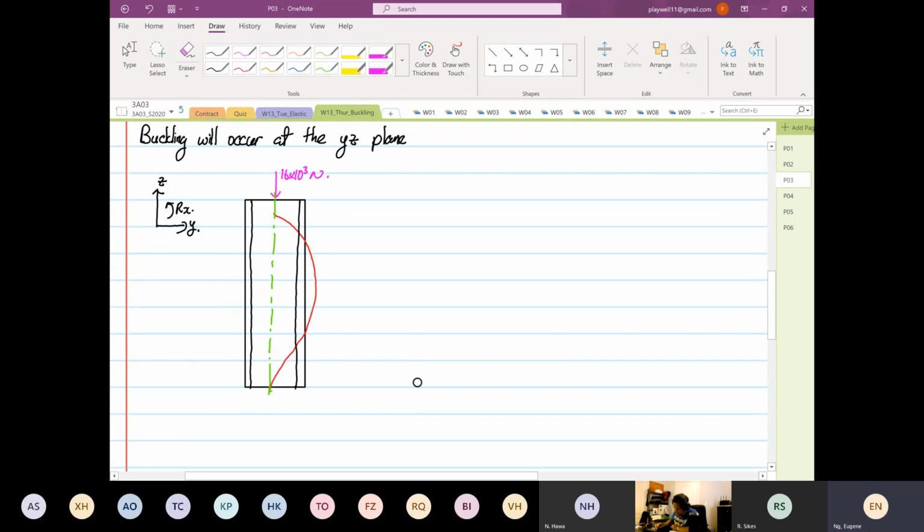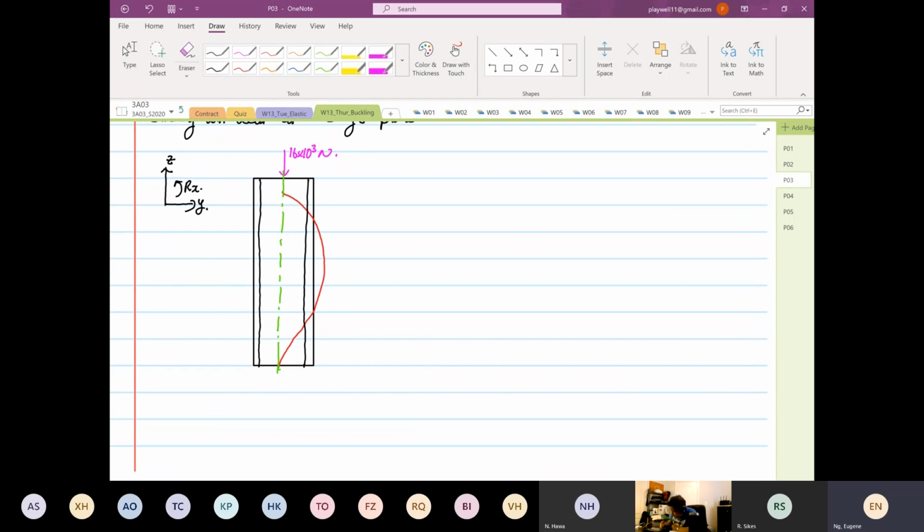So the bending curvature is about the x-axis.